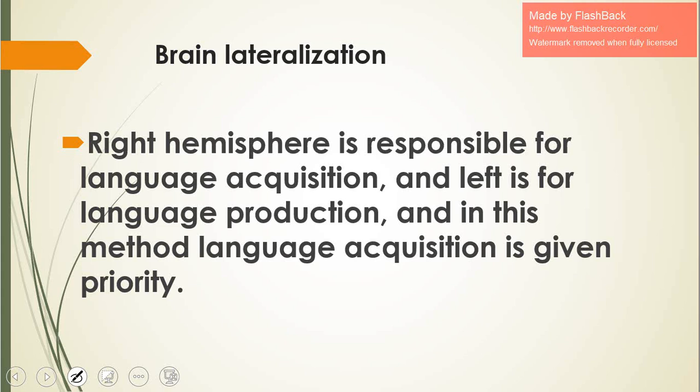In this method language acquisition is given priority, so your right hemisphere will be activated in this manner, and later on your left hemisphere will get activated and you will start to produce language on your own as well. So this is how brain lateralization is associated with total physical response.